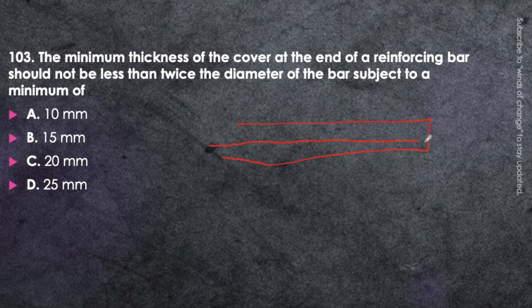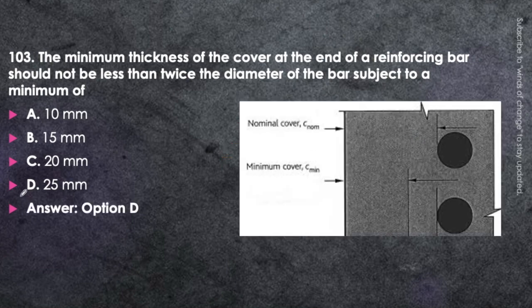So this distance which is left, this cover, what will the value of this cover be? This has to be the minimum value, either twice the diameter of this bar, or another criterion has to be a minimum of 25 mm. That is option D will be correct.